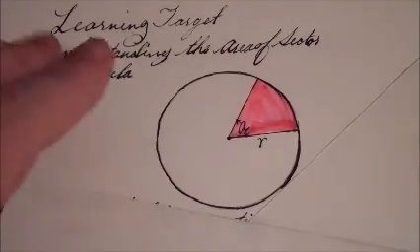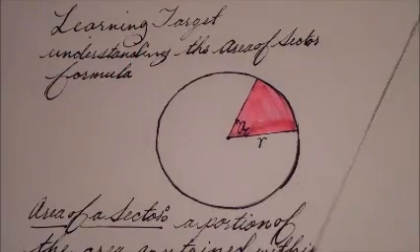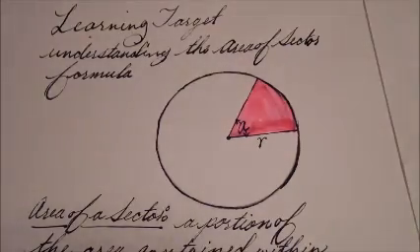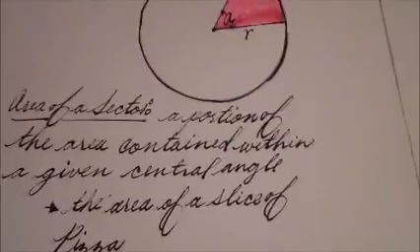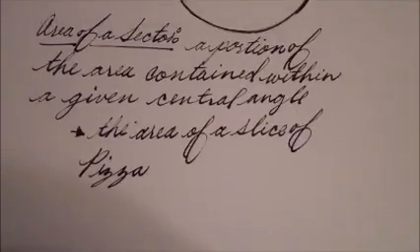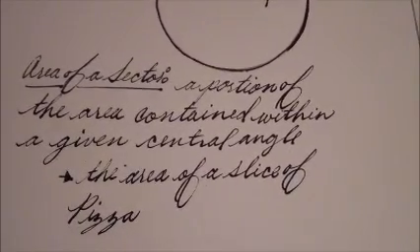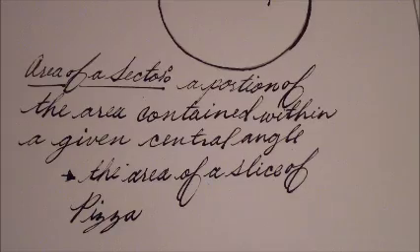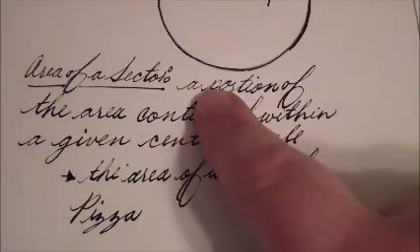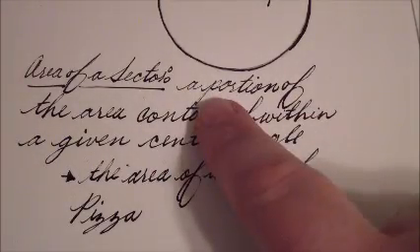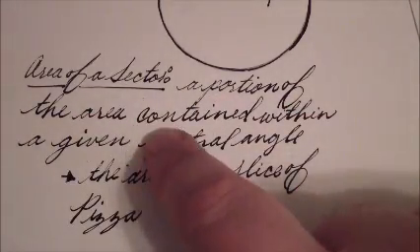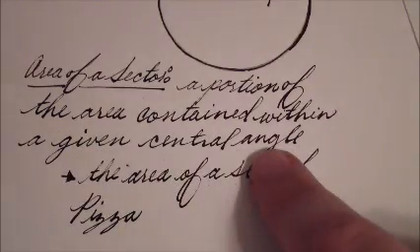Now, let us talk about area of a sector. And there's a few ways to think about it. I mean, there's the textbook definition, and then just kind of like a fun way of thinking about it. All right, the area of a sector is basically a portion of the area contained within a given central angle. So it's the portion of the area contained within a given central angle.